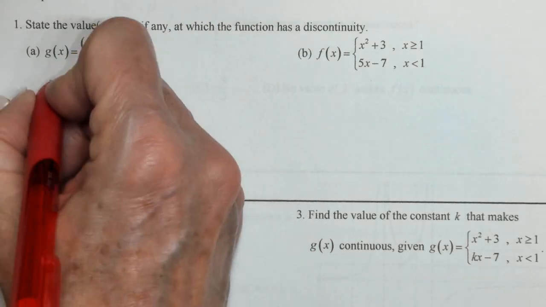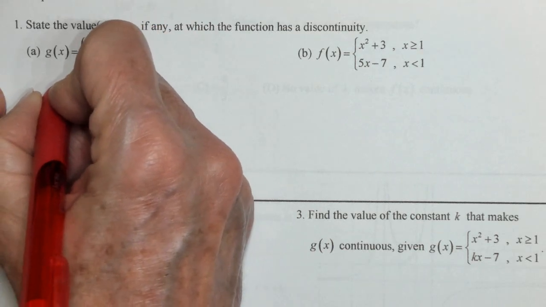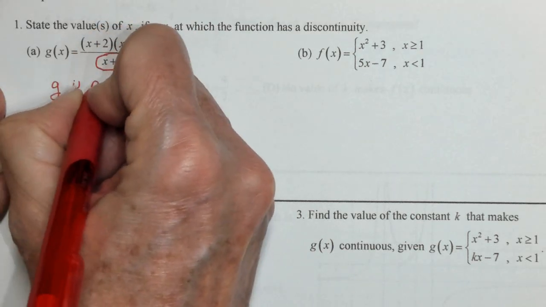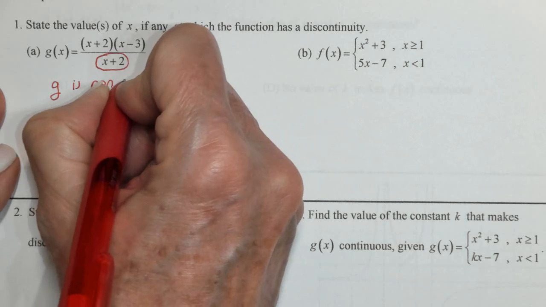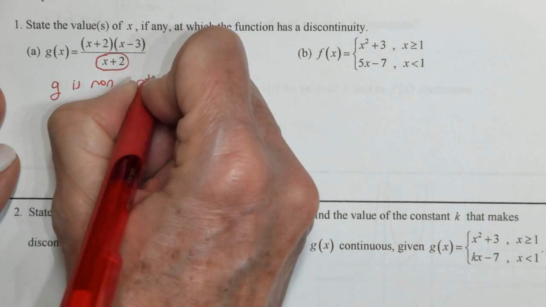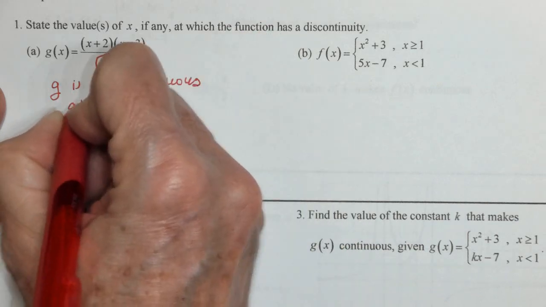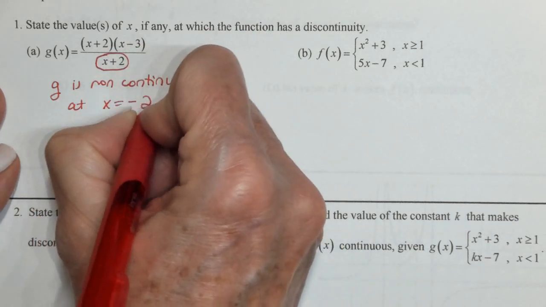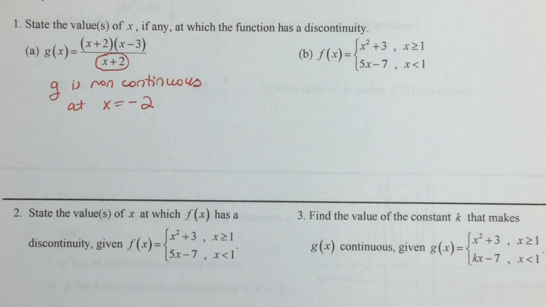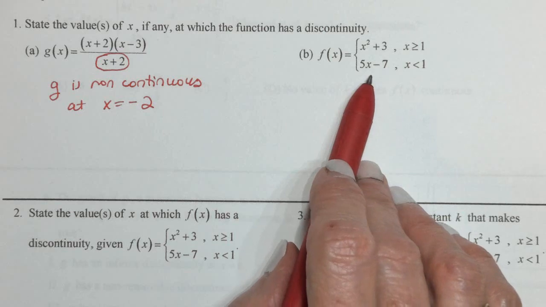So the only x value, I'll say g is not continuous at x equals -2. g has a discontinuity at x equals -2, and only there. Everything else is continuous.